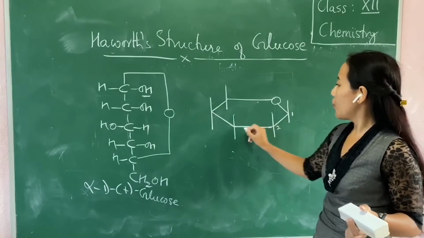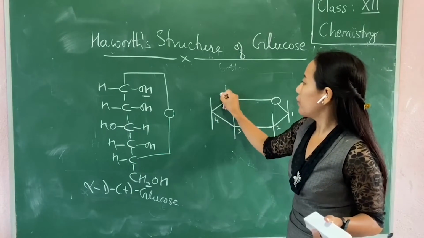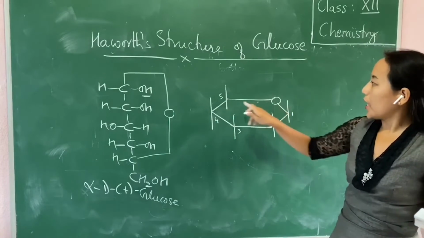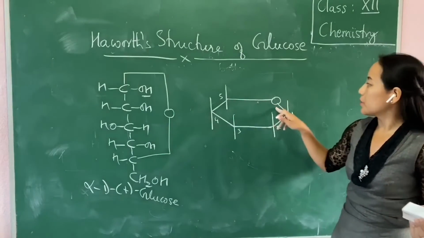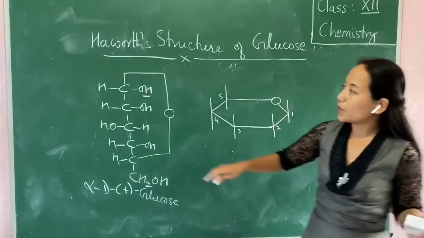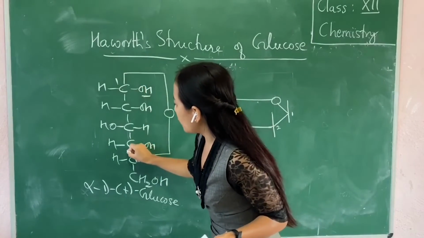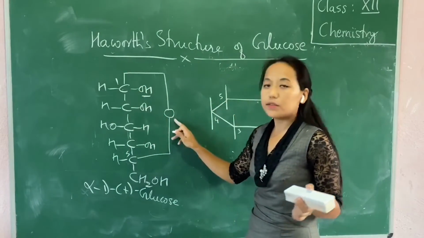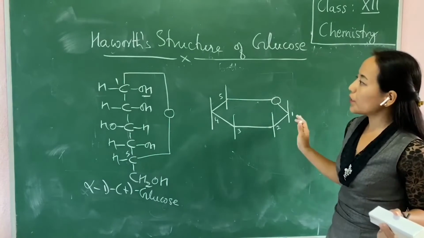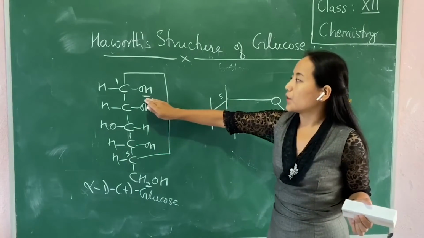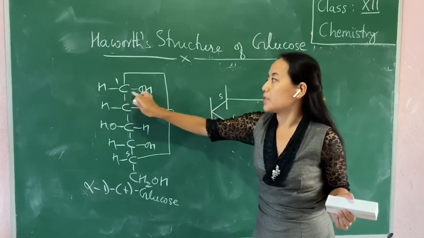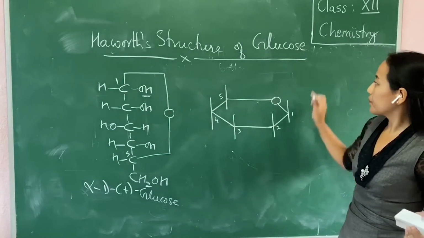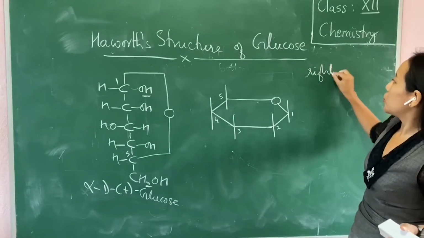Now the 1st and 5th carbon atoms are connected by the oxygen atom. Here also the 1st and the 5th carbon atoms are connected by this oxygen atom. Now whatever is on the right hand side of the carbon atom will come at the bottom. Right will go to bottom.